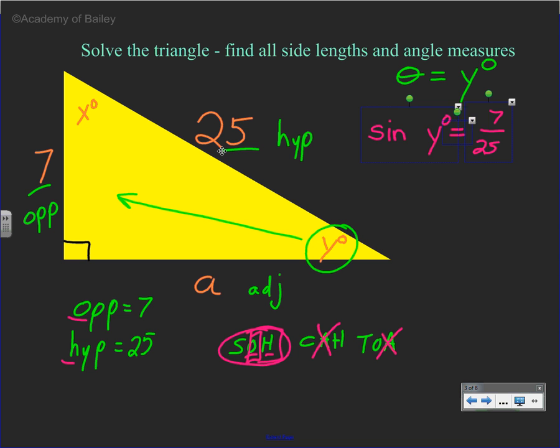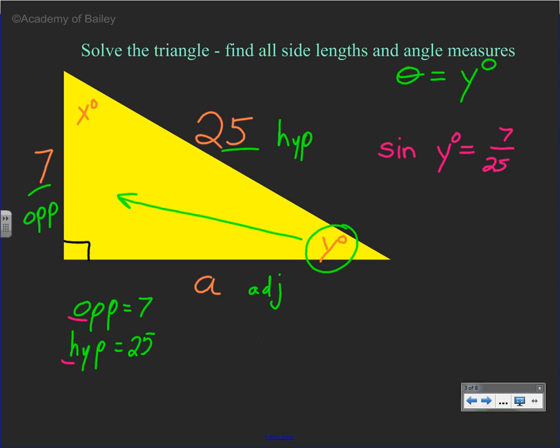So from here, we need to do some calculations. I am running out of room, so let me see if I can get some room down here. All right, so this is where we're going to do our work.